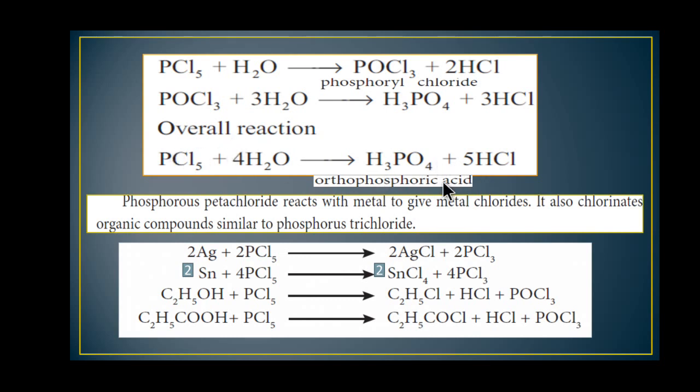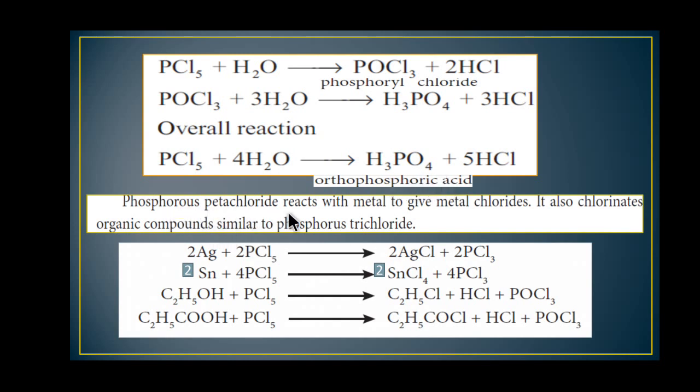So it is the overall reaction. And what is the final reaction? When PCl5 reacts with water, it will give the product H3PO4 and excess HCl. This is the product. So H3PO4 is orthophosphoric acid.